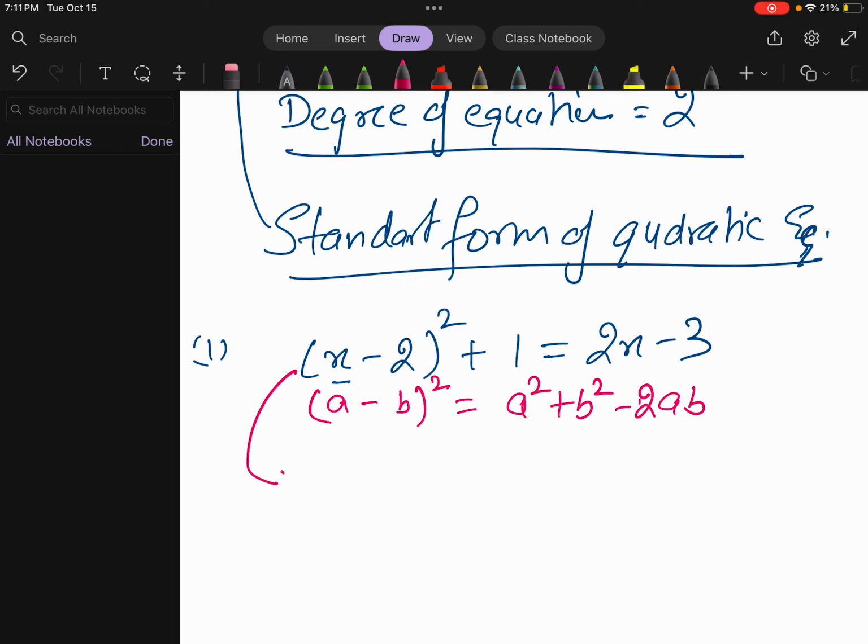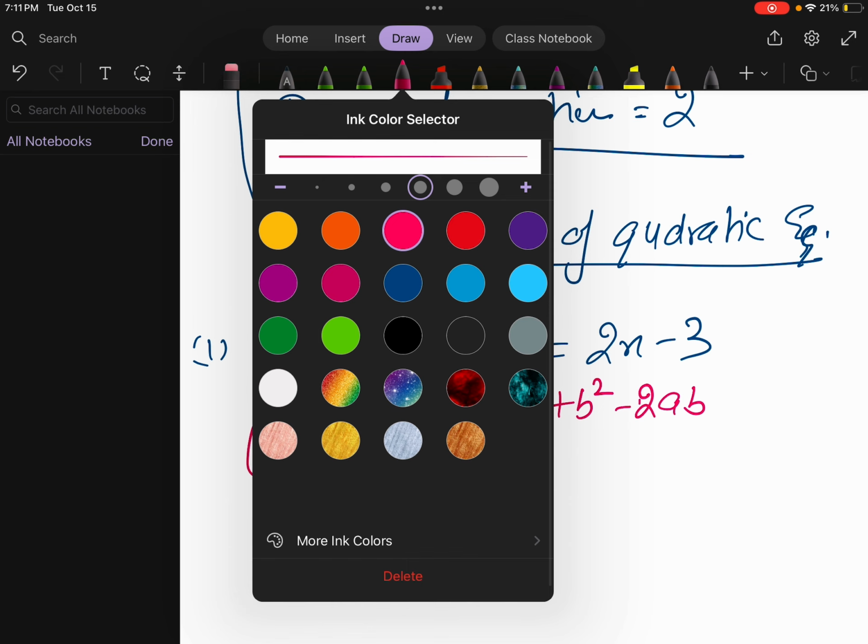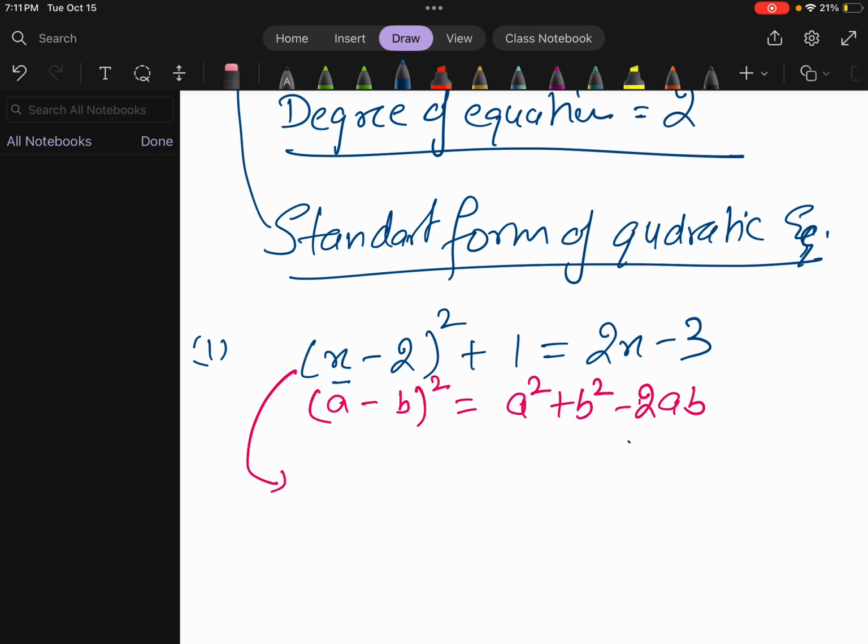So we will solve this equation. This is the formula. So we solve this one: x square plus 4 minus 2 into, the value of a is 1 and the value of b is 2, plus 1 is equal to 2x minus 3.